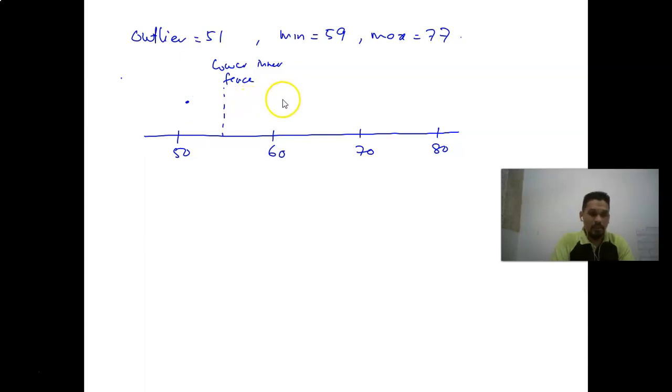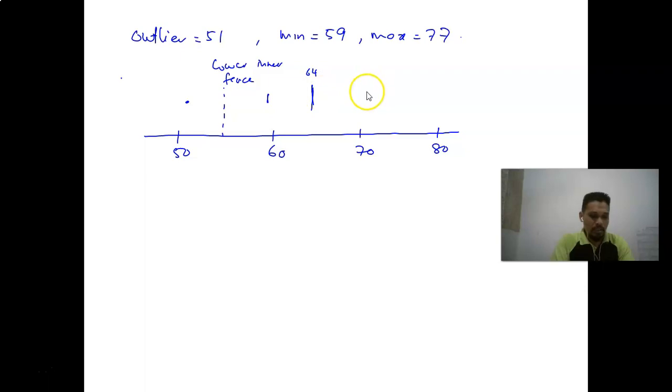Then the minimum is now not 51 but 59, the first value which is inside the lower inner fence. This is outside. And then the first quartile is 64. This is the first quartile, 64.